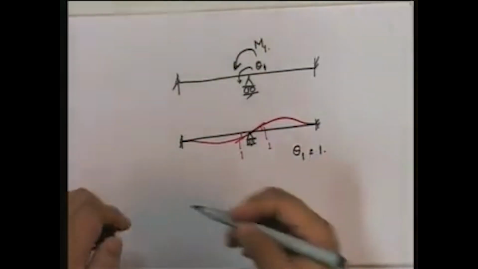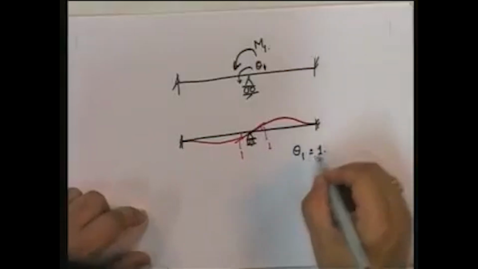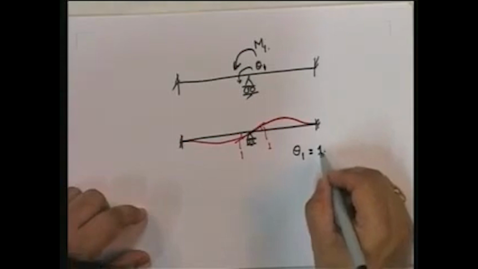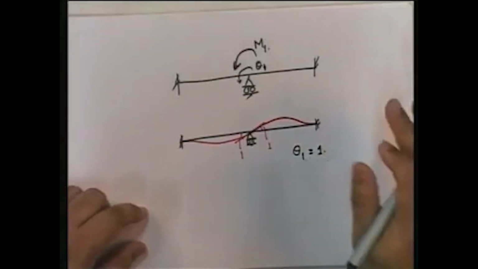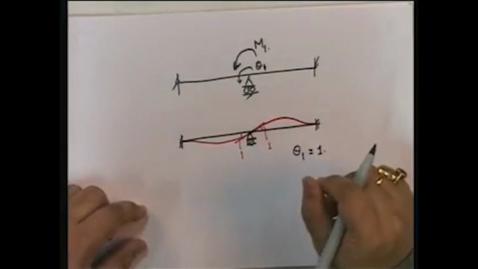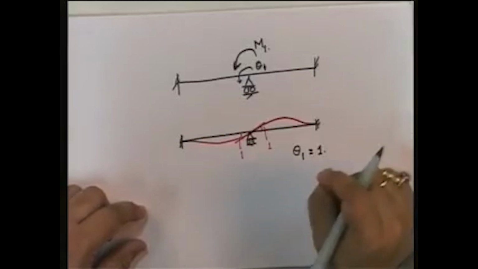Note that when I say theta 1 equal to 1, understand that it is not 1 radian that I am saying. All I am saying is that theta 1 equal to 1 is a very small rotation, you can take 1 into 10 to the power of minus 4, who cares? The whole point is that it's unit rotation, however the rotation still remains small.